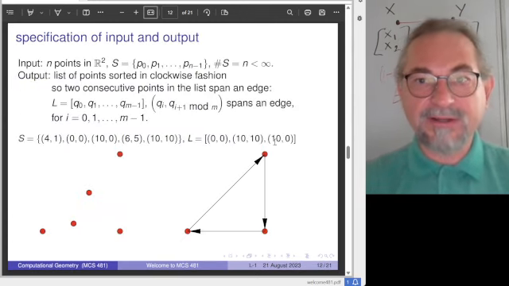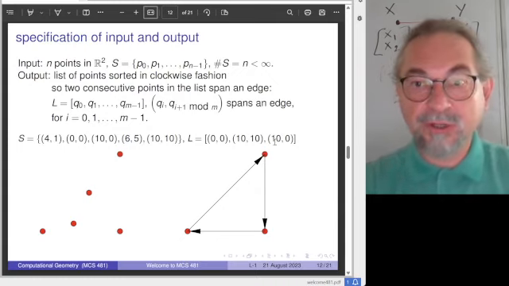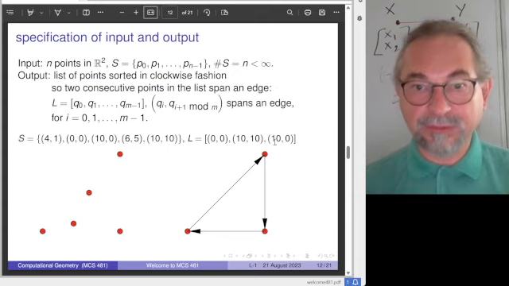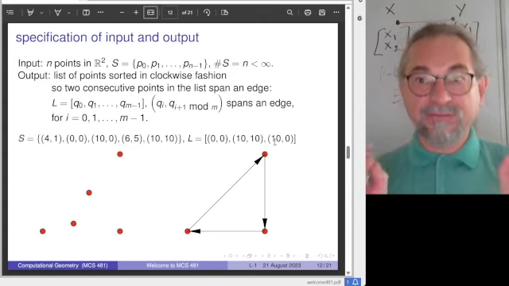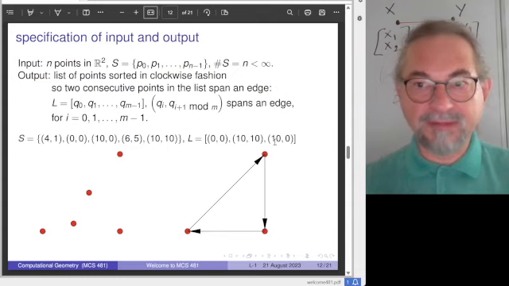So here let's now look at the convex hull problem. So any algorithm should start with an input-output specification. The input-output specification is important for finding the right notation of all the main characters in your problem.